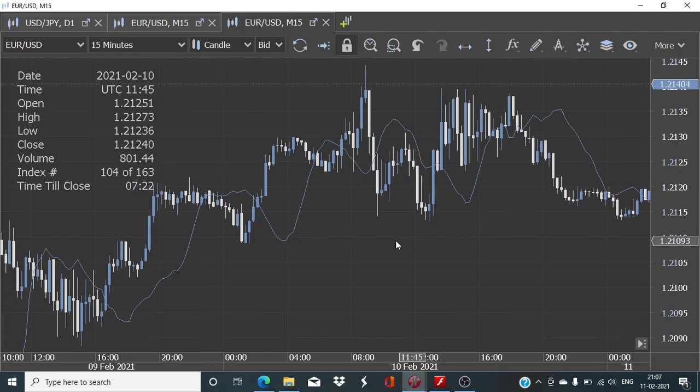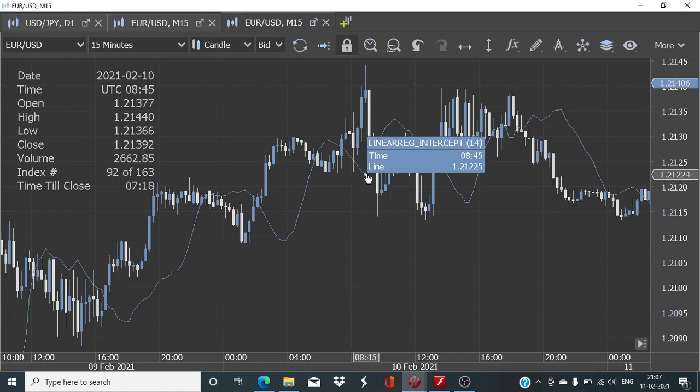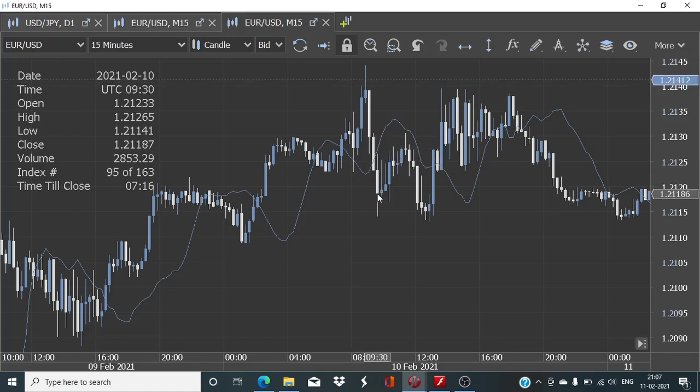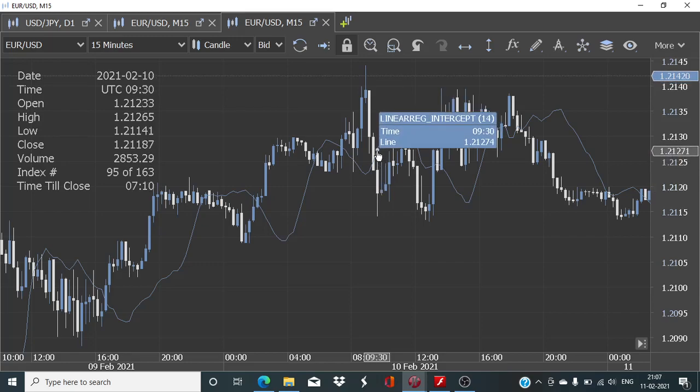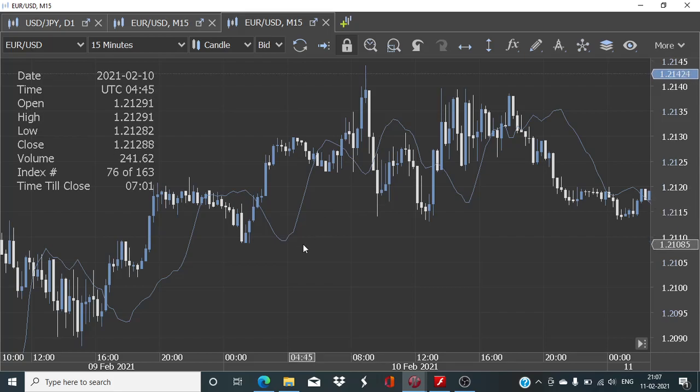And I think we will have to look for some examples. Let's see if this will fit the bill. This closing value is 1.2118, and the linear regression value is 1.2127. So it is less than 10 pips.